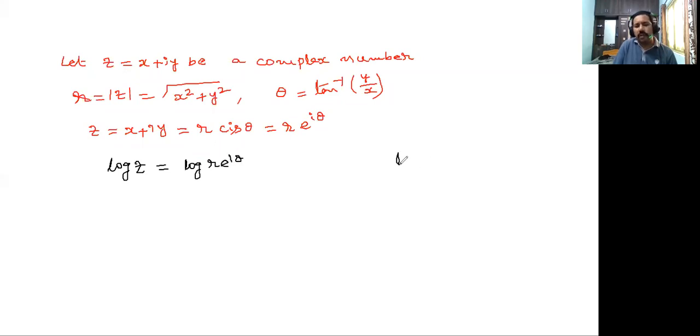We know that formula, logarithm of AB. What is log AB formula? That is log A plus log B. This formula already you know very well, I think. Now this is split.